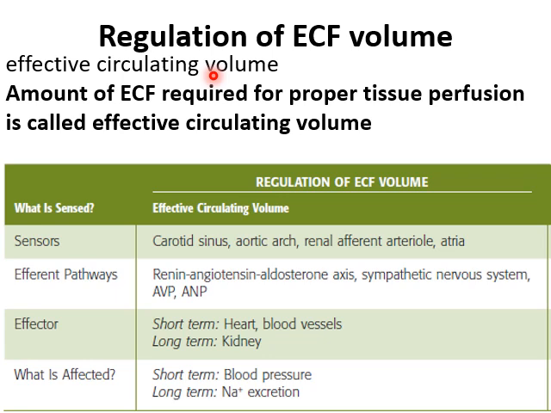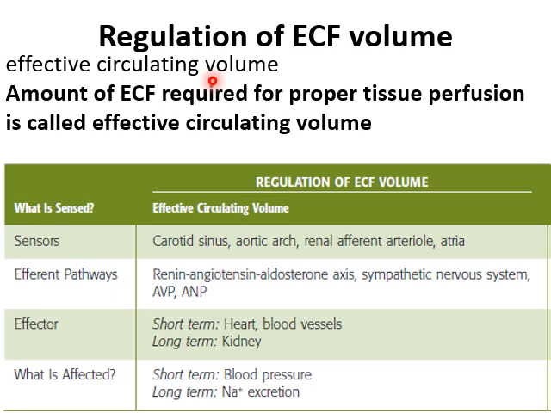In this, there is no loss of blood from the body. The blood volume is normal, that is 5 liters in a normal person, but still the perfusion to the vital organs like brain, heart and kidney is reduced in a person who is suffering from anaphylactic shock.